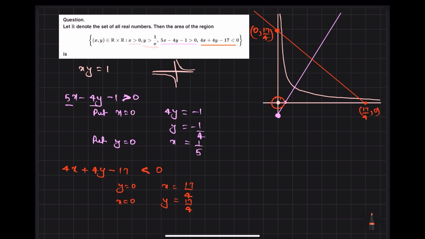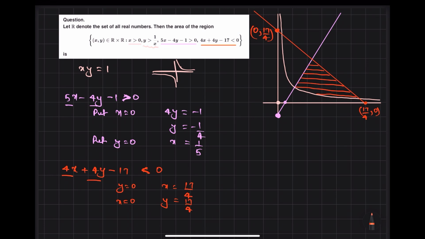If you substitute (0, 0) over here, minus 17 is less than 0, which means it holds true. This means you have to focus on this region. On the whole, you have to find the area of this part. I hope things are clear.